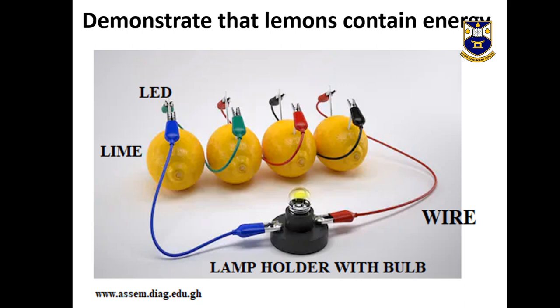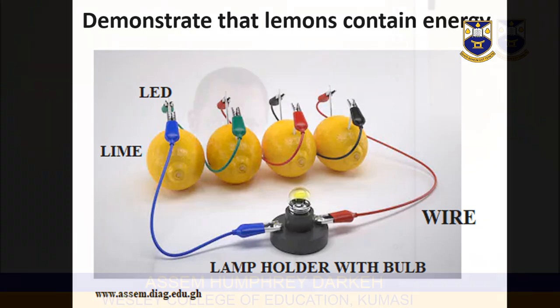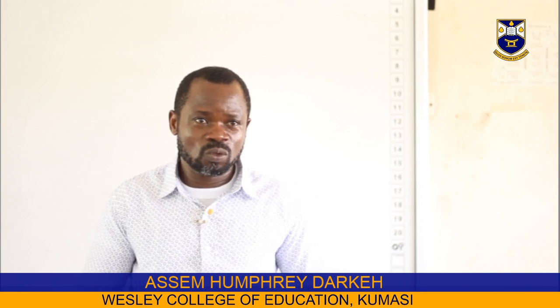And so these two different metals, one inserted into the lime or the lemon and connected to the bulb, depending on the potential that is generated, you would have the bulb giving you light.